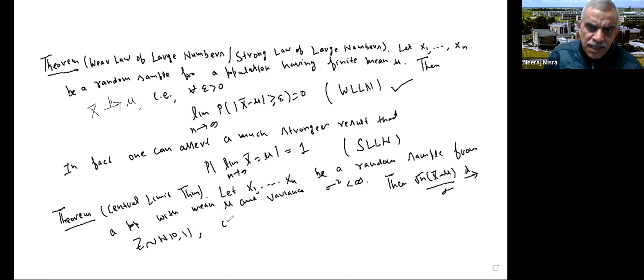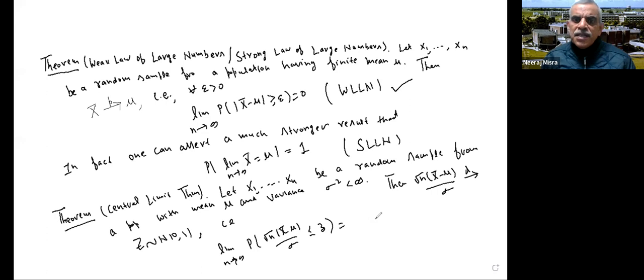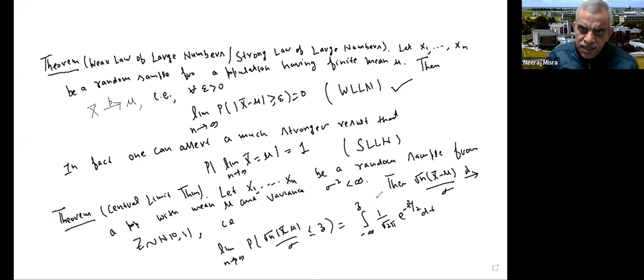What does it mean? That means if I consider, in the limit n going to infinity, the probability that root n (x bar minus mu) by sigma is less than or equal to z, that would be the same as the integral from minus infinity to z of 1 by root 2 pi e to power minus t square by 2, because for normal 0, 1 this is what the density is.